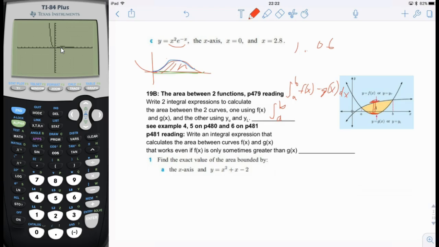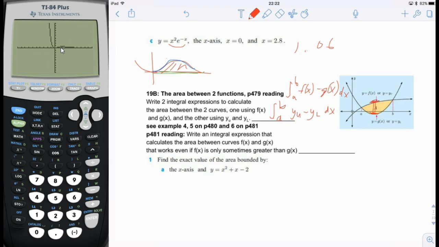And then the other alternative would be using the y's. So we would say, oh, the upper y minus the lower y dx. So those are the two integral functions you can use to find the area between two curves.